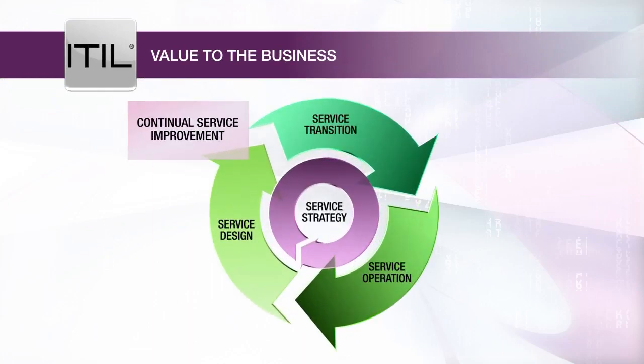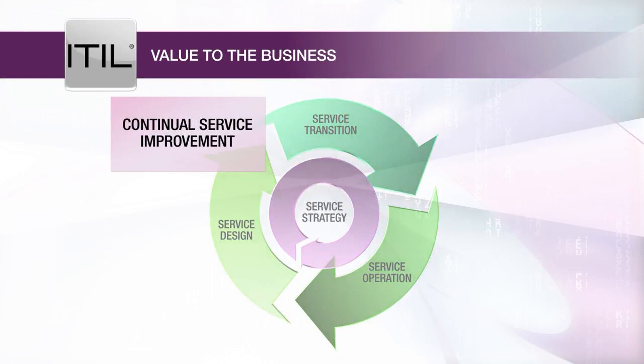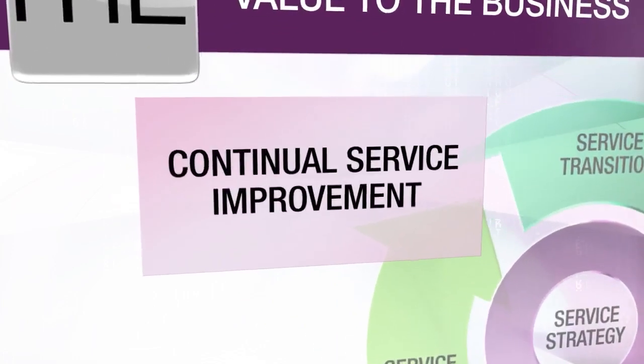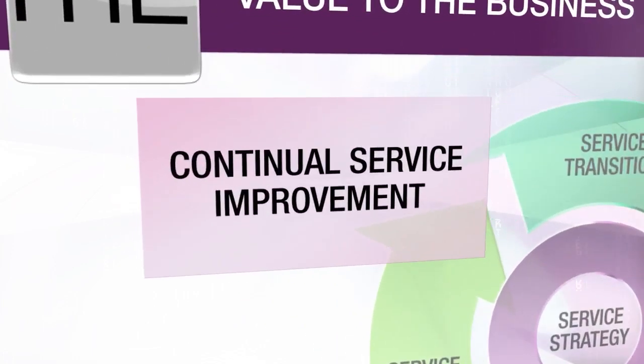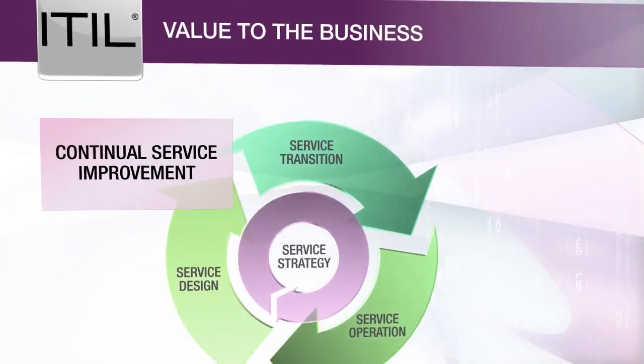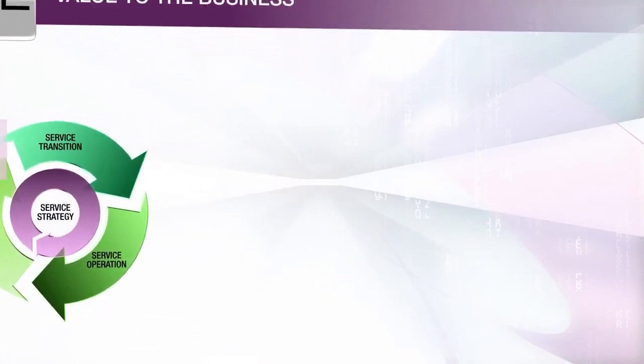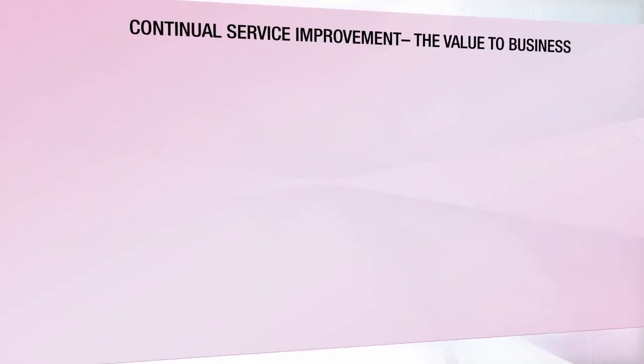Selecting and adopting the best practice as recommended in the continual service improvement stage of the life cycle will assist organizations in delivering significant benefits. It will help to set up continual service improvement and the process that supports it, and to make effective use of the process to facilitate the effective improvement of service quality.